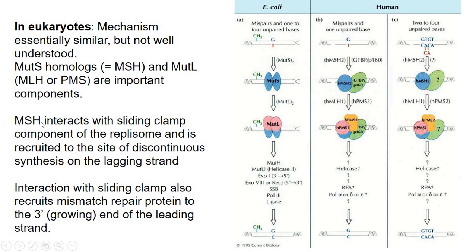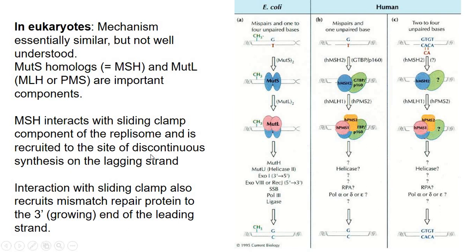As I mentioned, this MSH interacts with the sliding clamp, which is called PCNA in eukaryotes. This forms a component of the replisome, that means all the proteins that are present at the replication fork and working on the replication of DNA.